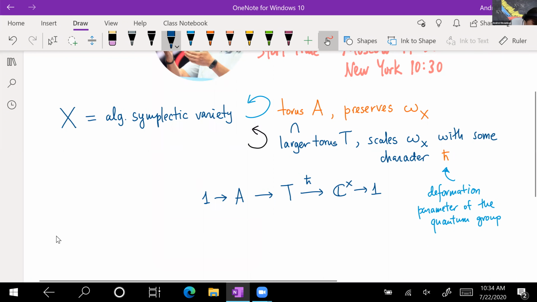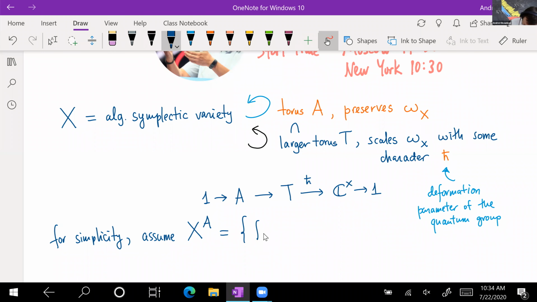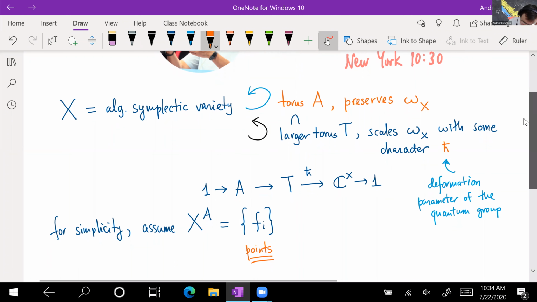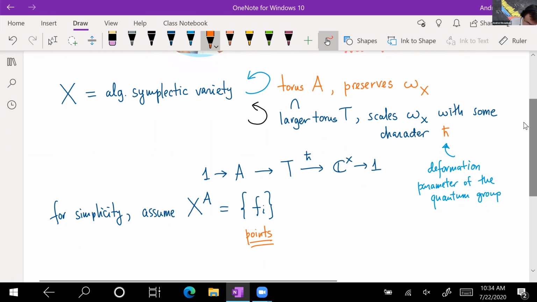Let's assume, for simplicity, that the fixed locus is just a finite number of points. These are the fixed points. In other words, the dimension of the fixed locus is 0.